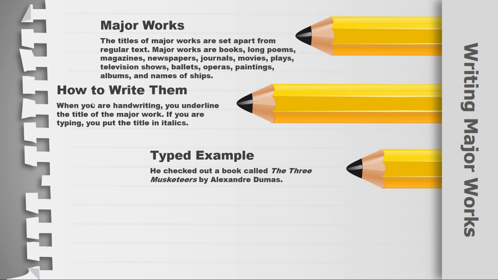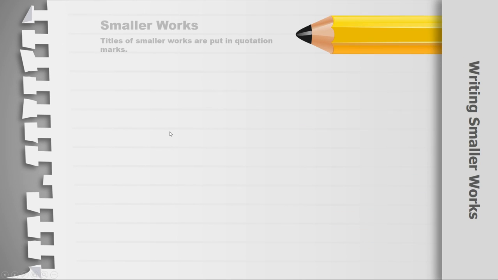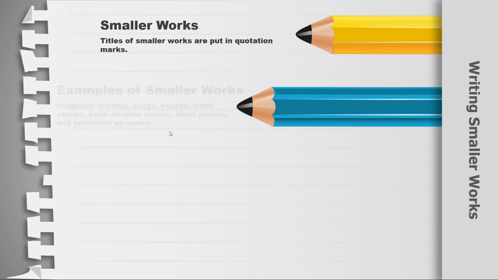Here's an example. He checked out a book called The Three Musketeers by Alexander Dumas. Notice here, The Three Musketeers is italicized. And if I were handwriting it, it would look like that last example, where it would be underlined. Titles of smaller works are put in quotation marks.